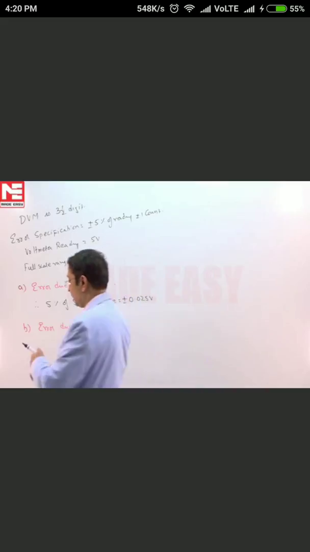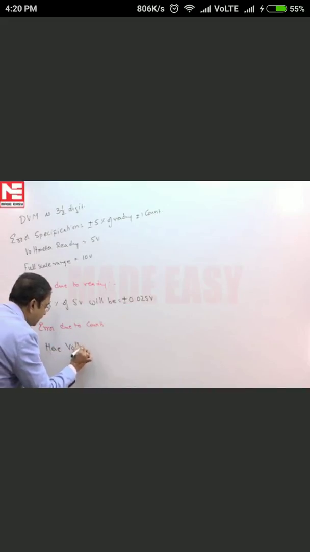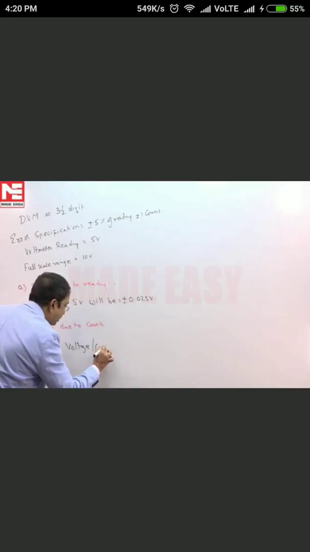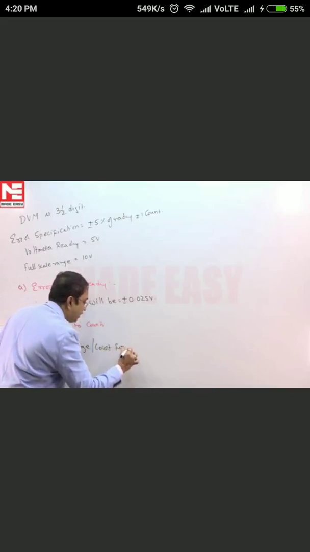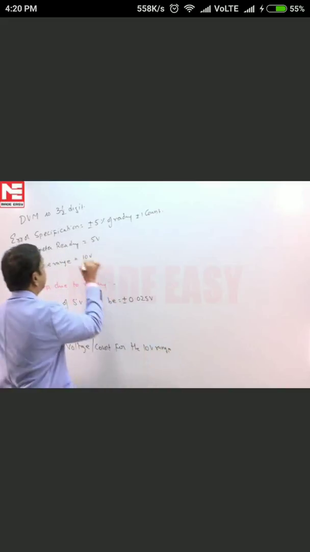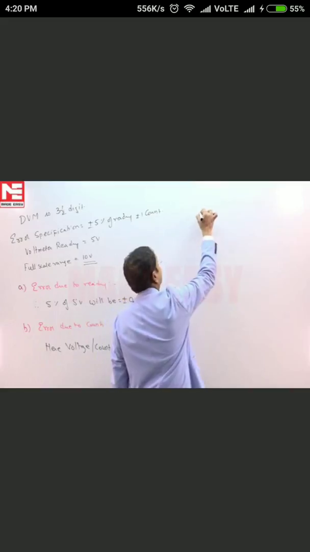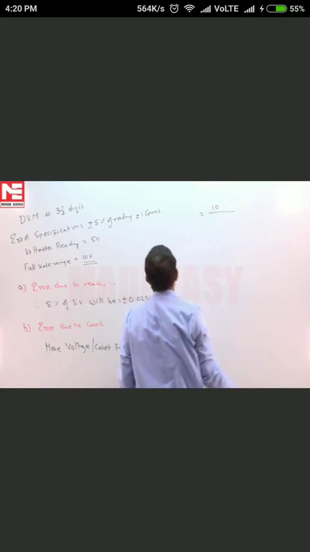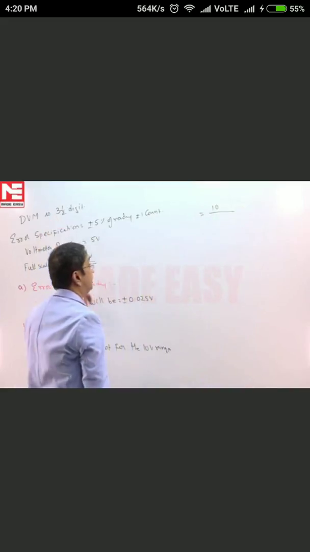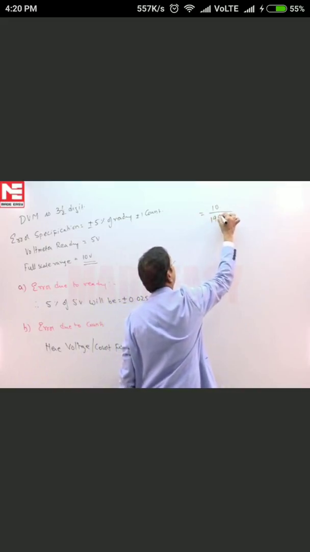So therefore I will write here: voltage per count for the 10 volt range, because he has given the full scale voltage as 10 volts. This is going to be 10 divided by the number of counts in a 3.5 digit DVM, which is going to be 1999.